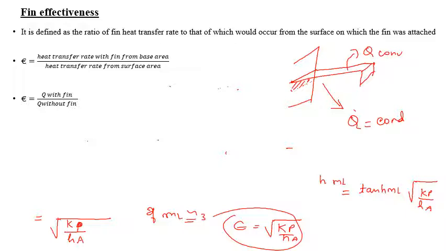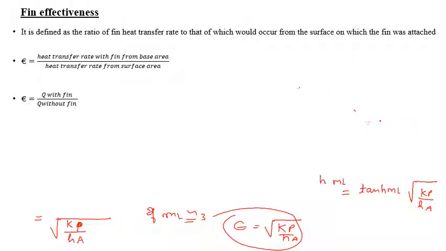Then h is the convective heat transfer coefficient, that is the fluid which has the influence to cool the body. Then A is the cross-sectional area, not the surface area, it is the cross-sectional area. Let us see the effectiveness with these factors.